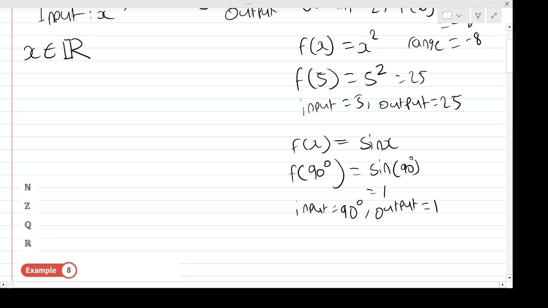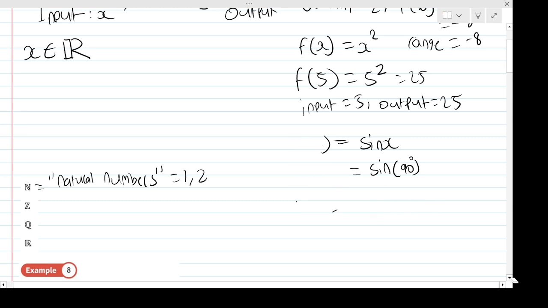So N is what we call natural numbers. Okay, these are basically positive integers. So these are basically the list of numbers 1, 2, 3, 4, and so on.